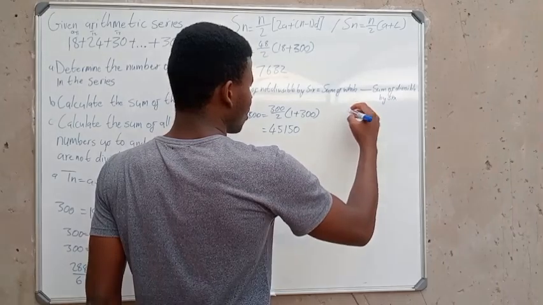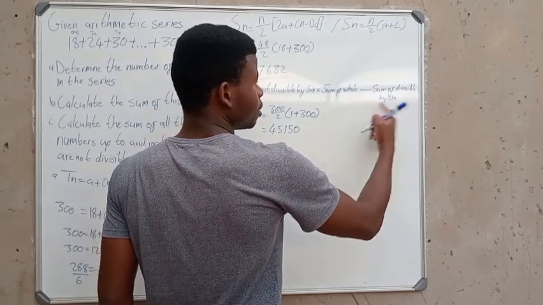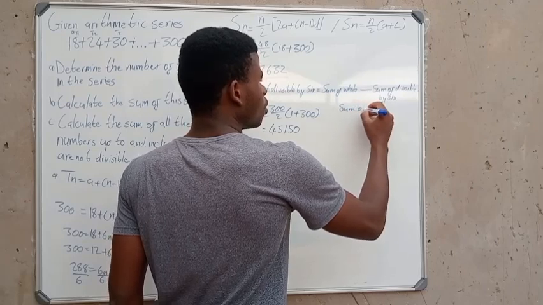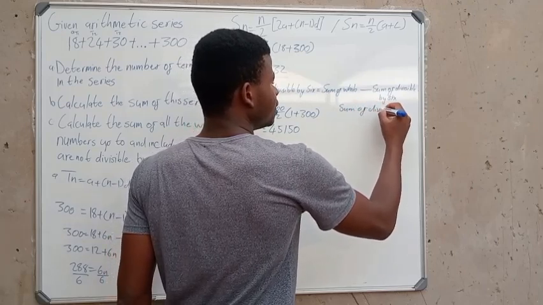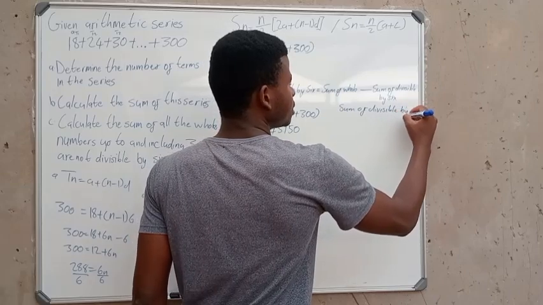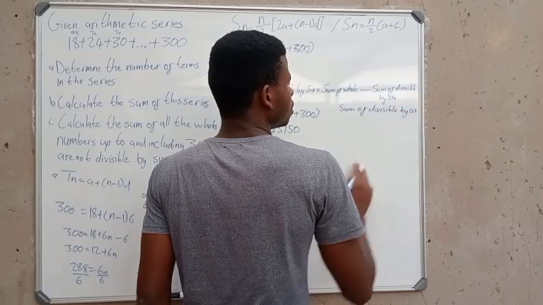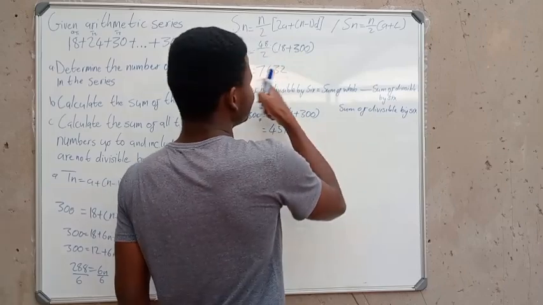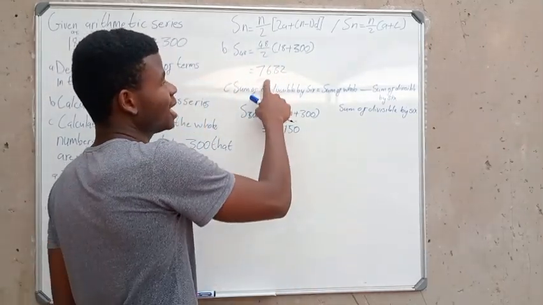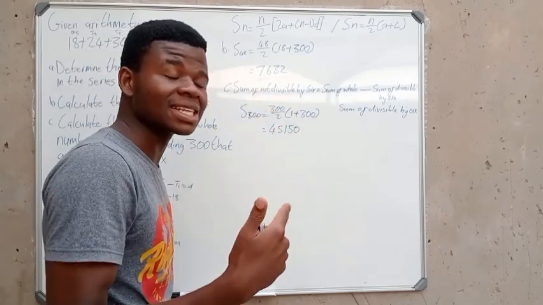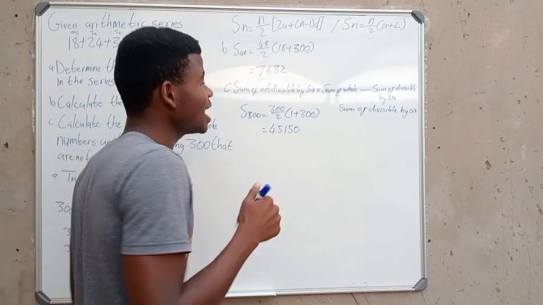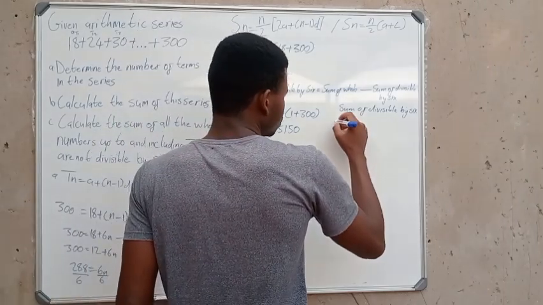So the sum of those divisible by 6 is going to be this number plus 12 plus 6.